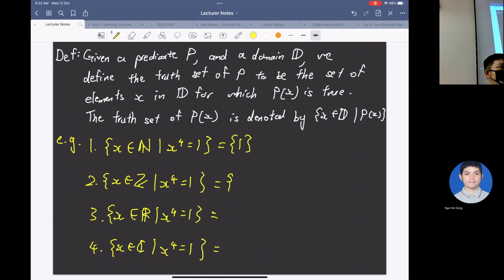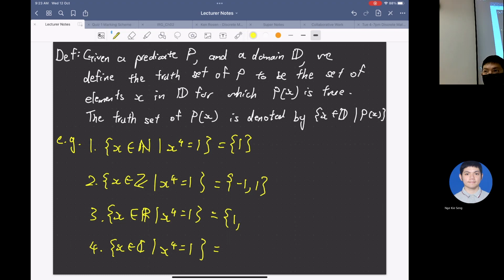In Z, how about in Z? -1 and 1. Okay, how about in R? 1.